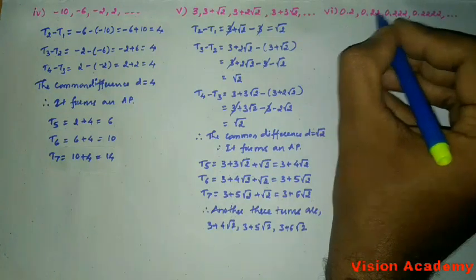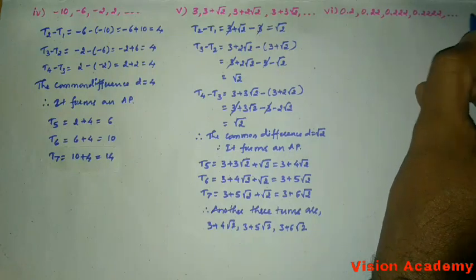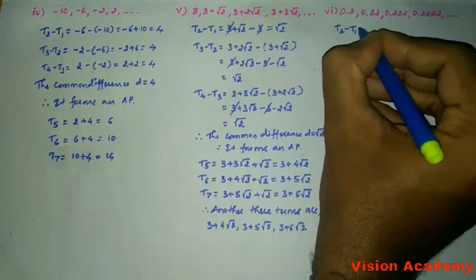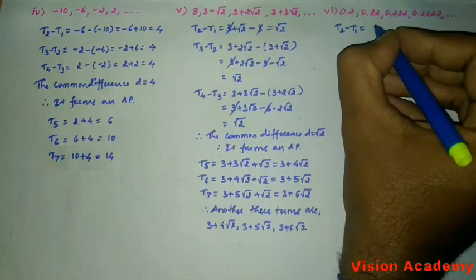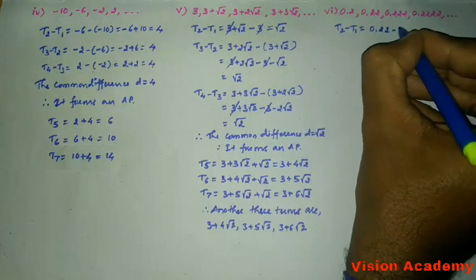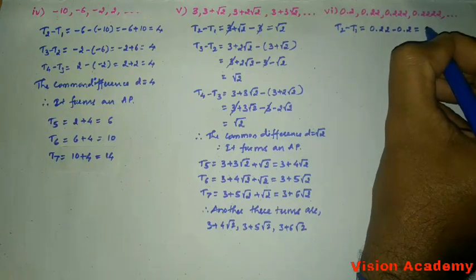0.2, 0.22, 0.222, 0.2222, and so on. Here let us take T2 - T1 is equal to, here T2 is 0.22 minus 0.2. So this gives me 0.02.